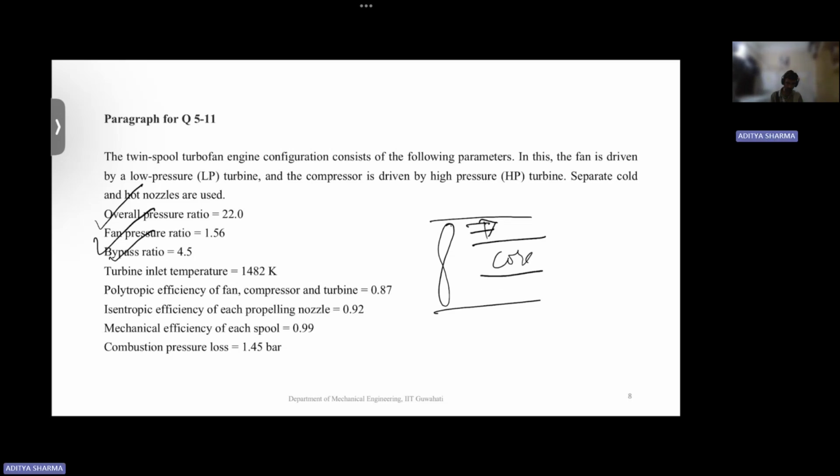The air that is being bypassed and not being used for combustion is your bypassed air. And this ratio is given here. We write it as B. B is given as 4.5.